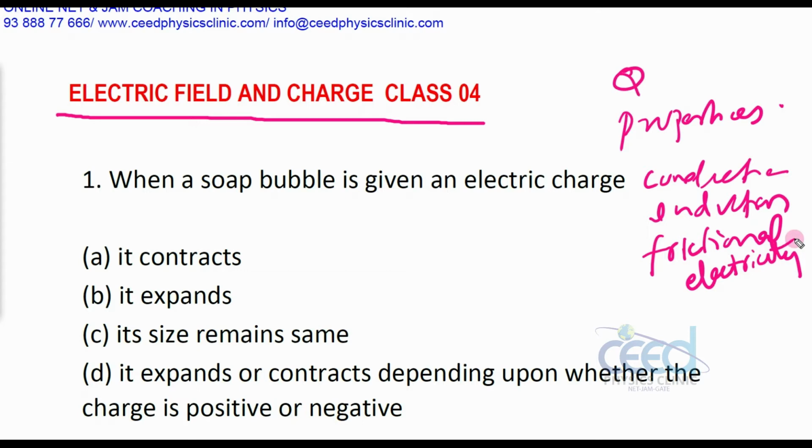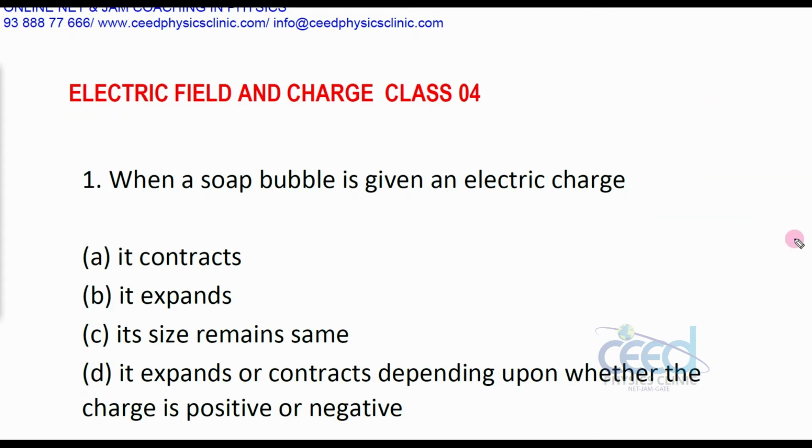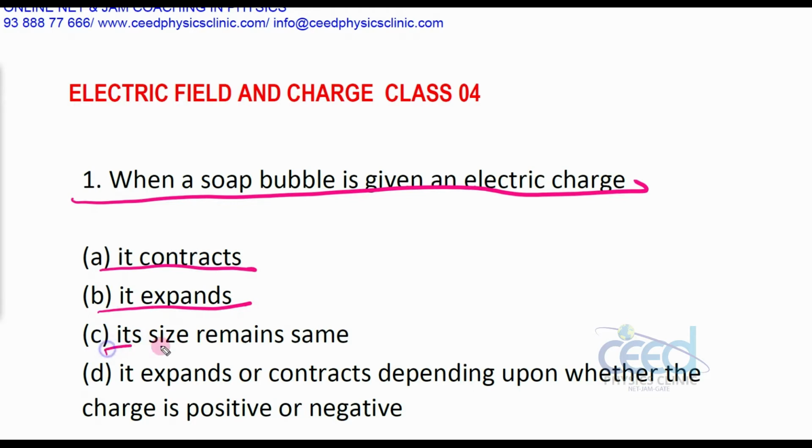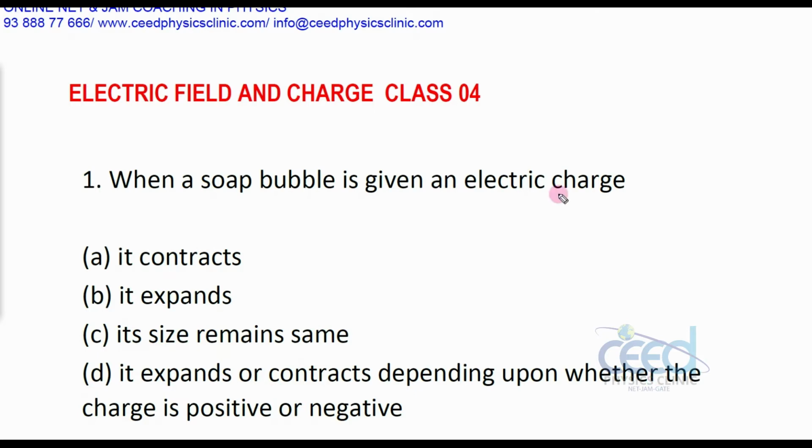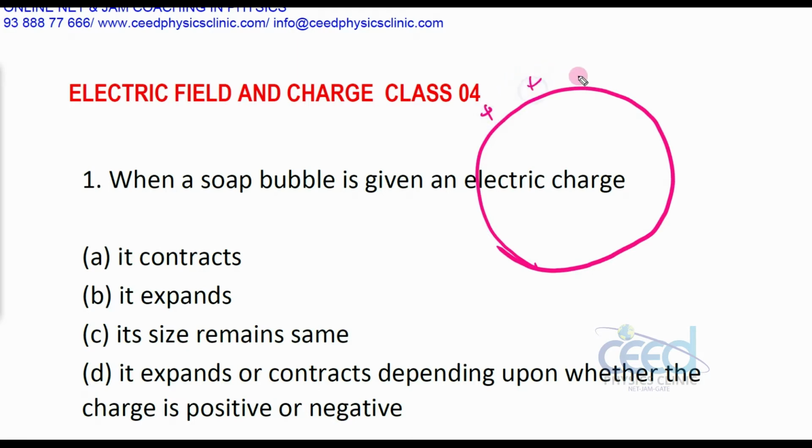All right, so the first question is, when a soap bubble is given an electric charge, it contracts, it expands, its size remains the same, or it expands or contracts depending upon whether the charge is positive or negative. Suppose you have a soap bubble and you give it a positive charge.